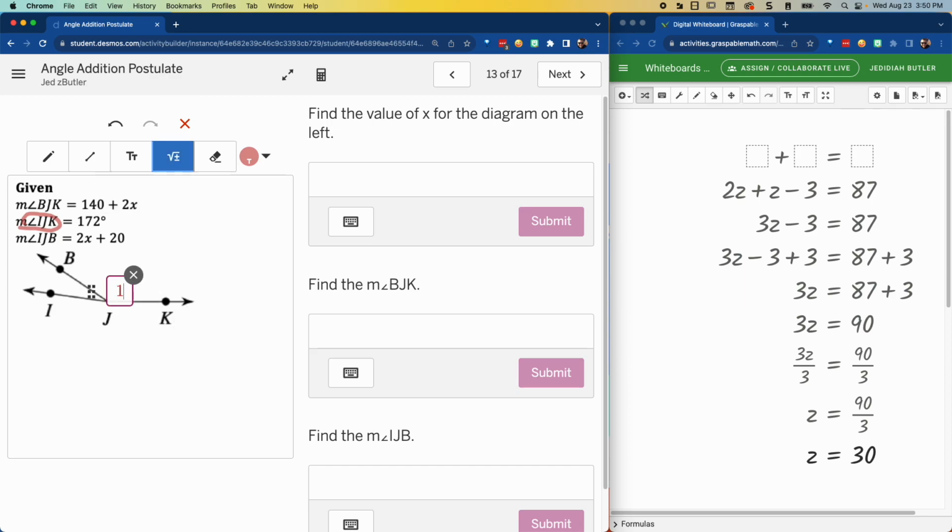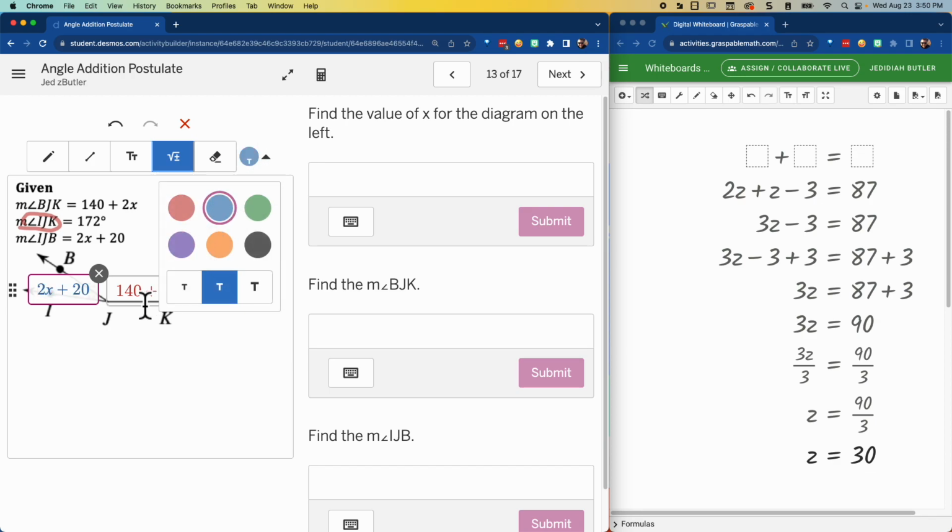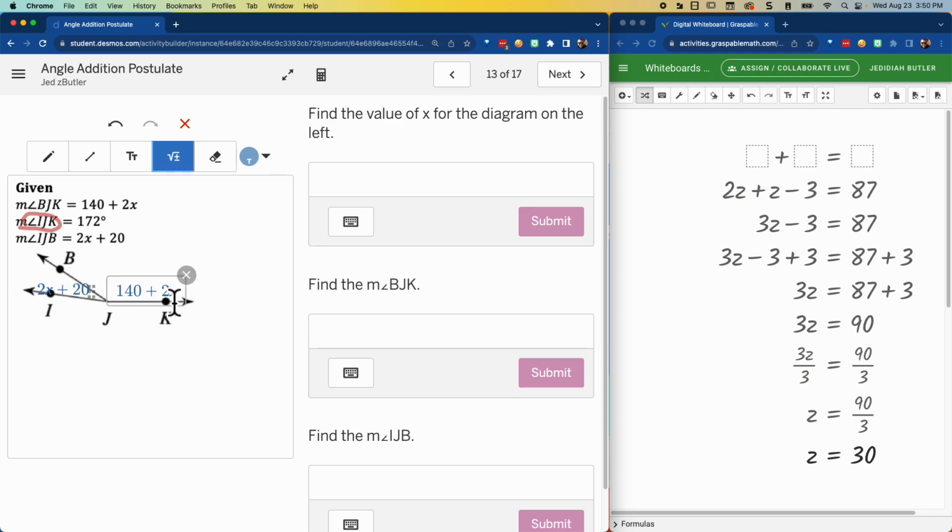I would have 140 plus 2x. And over here, I'm going to have 2x plus 20. Because 140 plus 2x is the BJK. Oh, you know what I didn't do? Let's see if I can change these colors. Yes, I can. You can just highlight them, change the colors. So the blue ones act as the parts, and then the red is the full thing, which is 170.